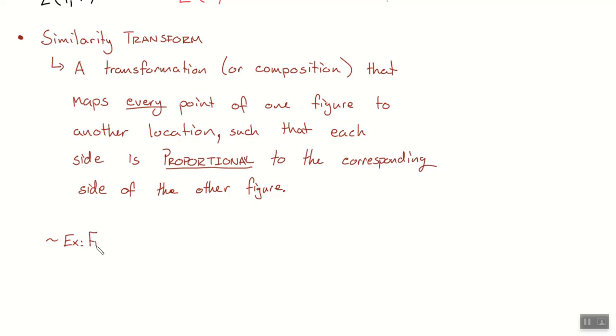So I will put this picture up and I'll say where you want to find this, but I'm just going to say find a transformation or composition of transformations, which I'm just going to say or composition, that maps the following.